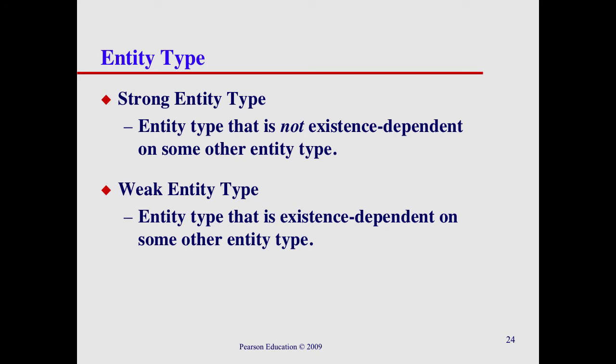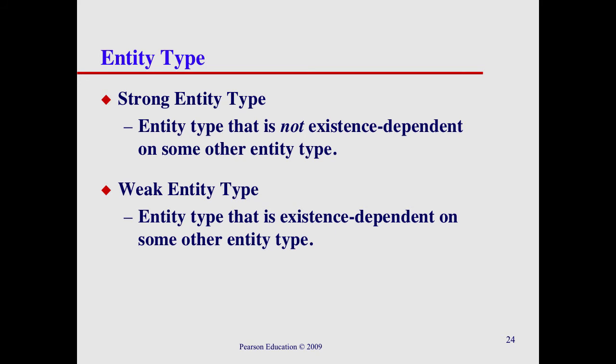And a weak entity type is existence dependent on some other entity type. So those conceptual entities that I showed you at the beginning, like sales, inspection, viewing, those would all be considered weak entity types because they depend on the other entity types for their existence.